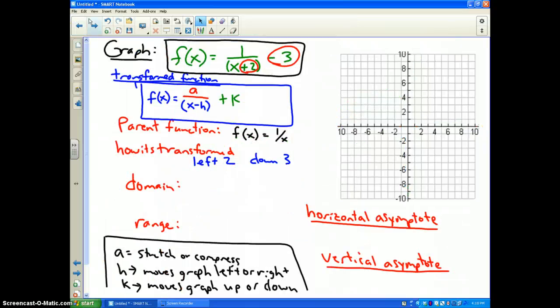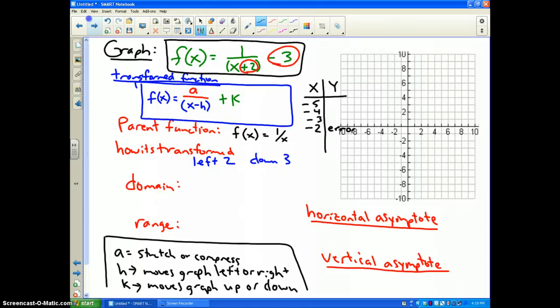All right. Well, good. So let's make a t-table for this graph. X, y. Now, if you use your calculator and type your equation in and go to your table, you're going to notice the error happens at negative 2. That's where the error is. So we're going to leave that as the center. So then I'm going to pick negative 5, negative 4, negative 3.